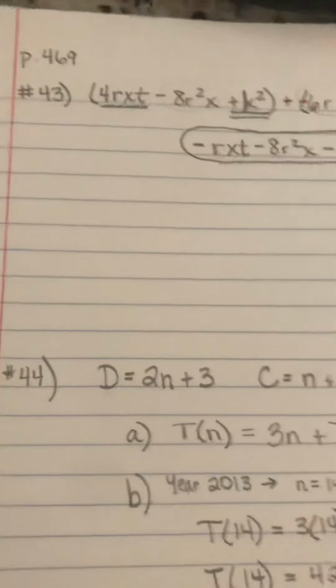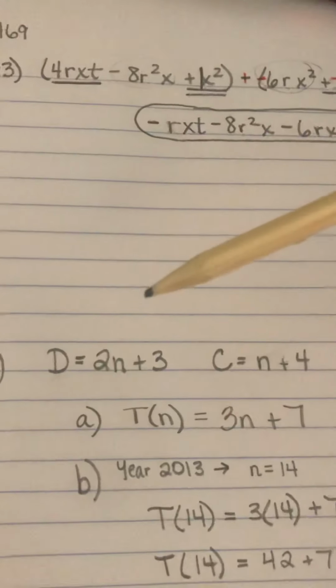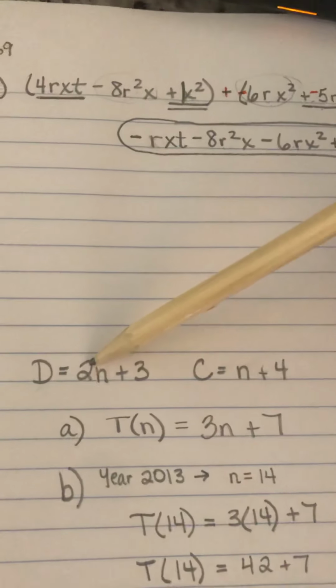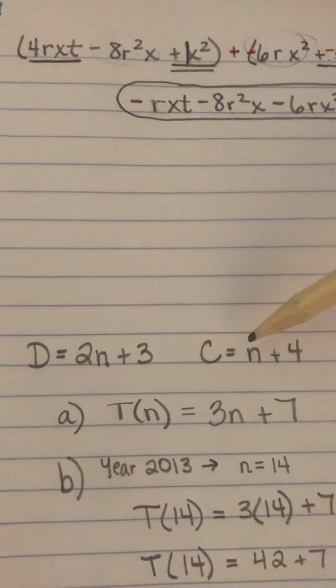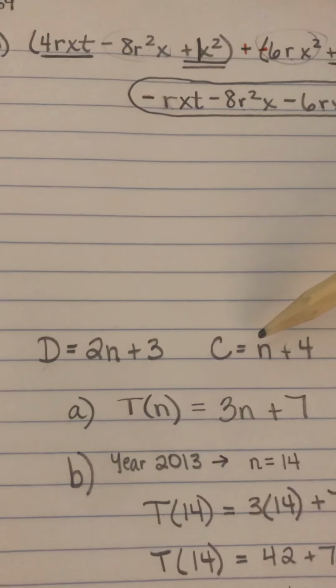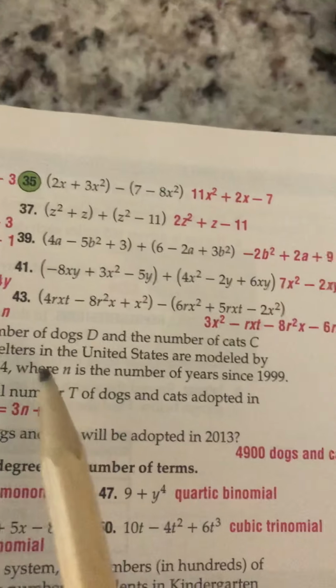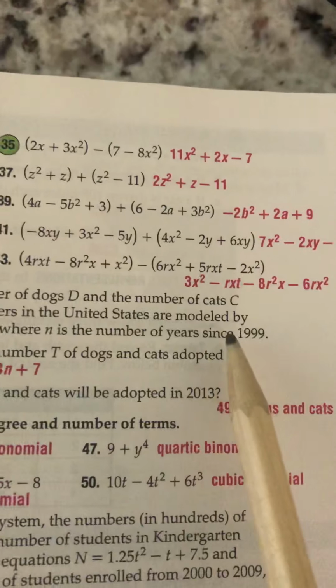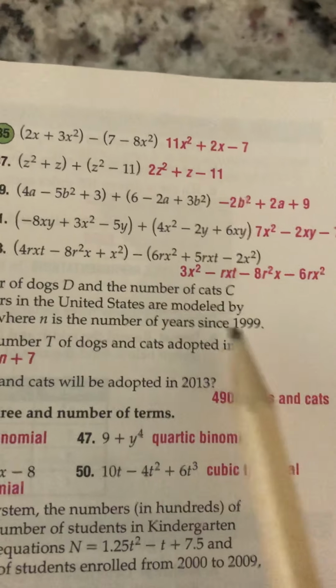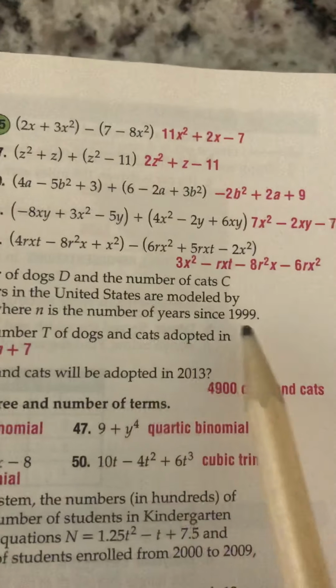Okay, and then number 44, they told you that this equation represented the number of dogs, and this equation represented the number of cats. On letter A, another important thing I wanted to make sure you made note of, it said where N is the number of years since 1999. That is critical that you notice that and take that into account.